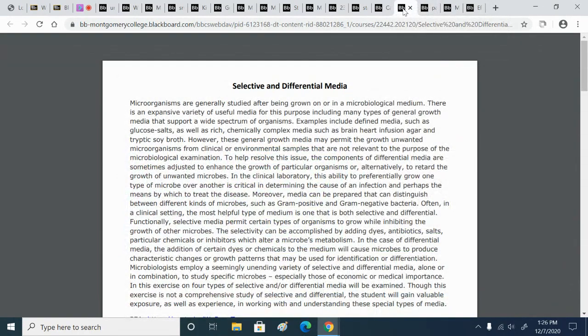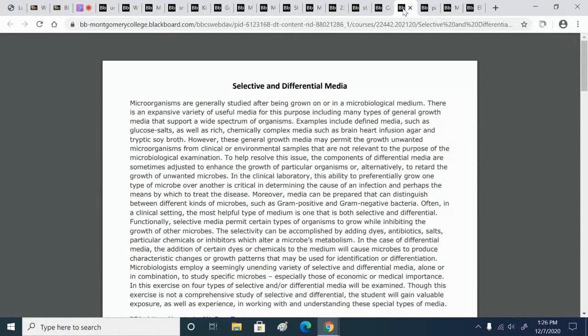Selective and differential media. So we talked about this both in lab and lecture. Remember, a selective medium allows some microorganisms to grow while inhibiting others. A differential medium allows the organism to grow, and as they're growing, they display a characteristic, usually carbohydrate fermentation, which allows us to distinguish one type of microorganism from another.